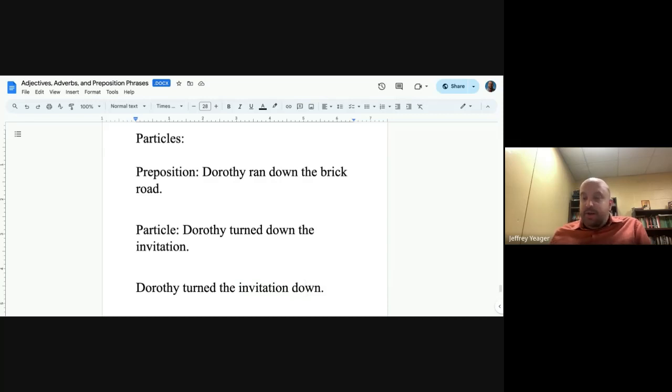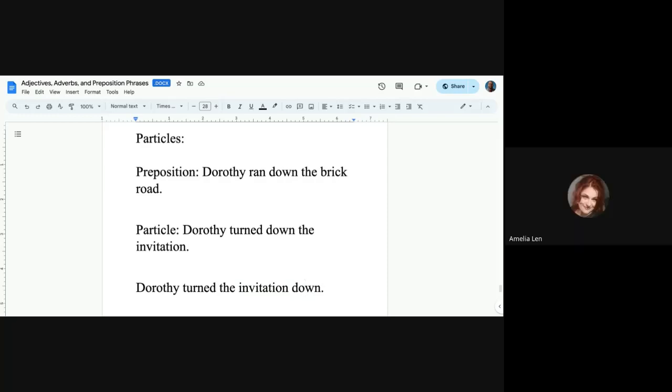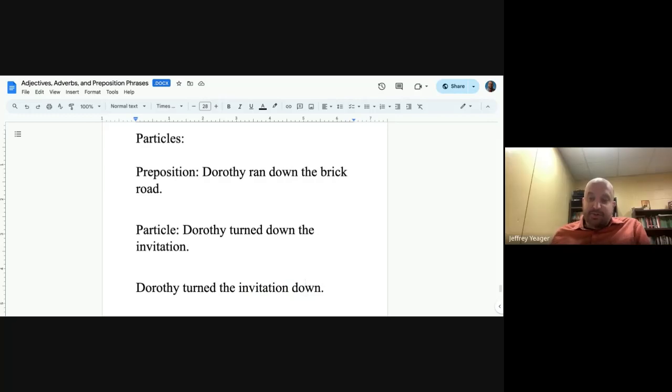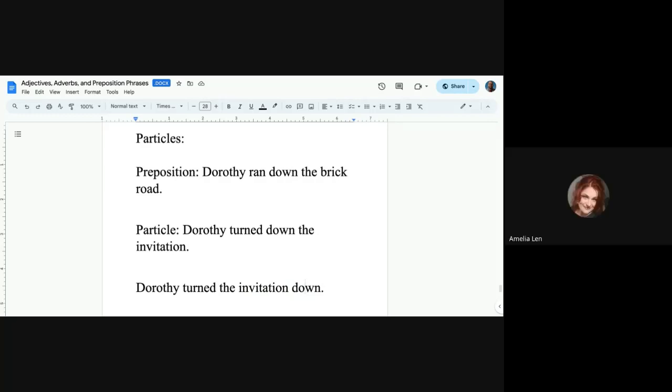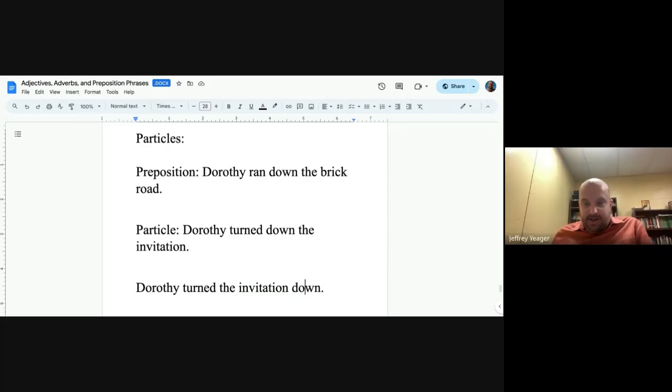But also, if it's a particle, you can move it to the end of the sentence, and the sentence will make sense. Okay. So try that first one. She looked over the contract. Over, okay, you could say she looked the contract over. So I would say it is a particle. That's particle, right? Right.